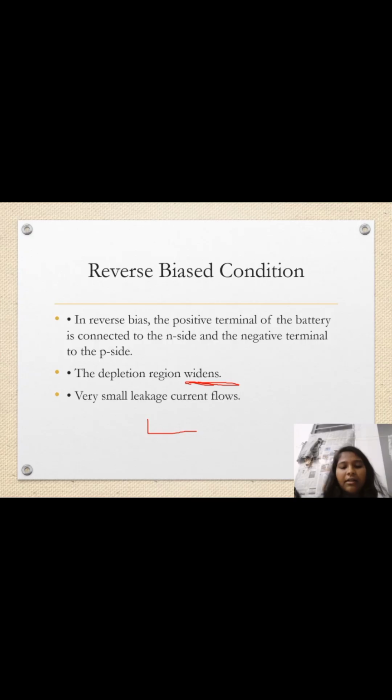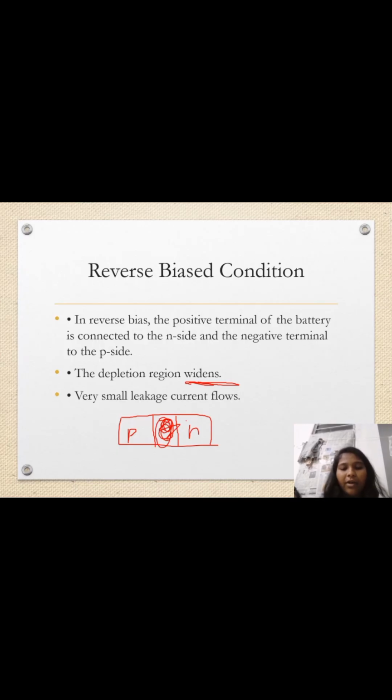And here we see that, this was P and this was N. Here it is the depletion region.